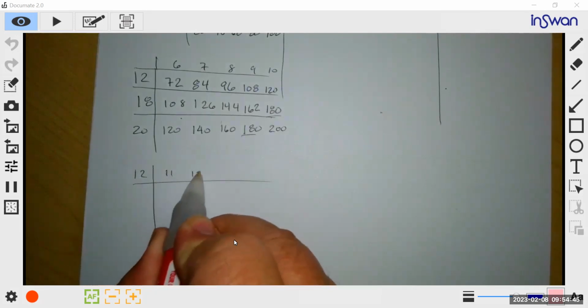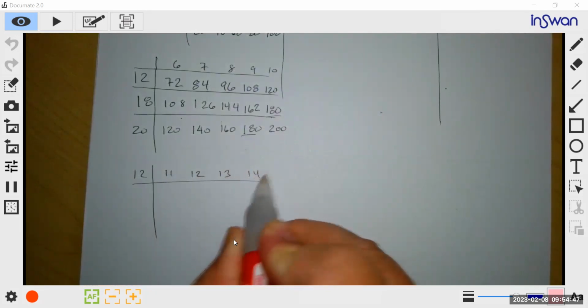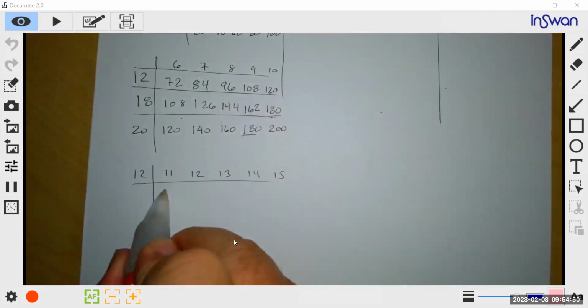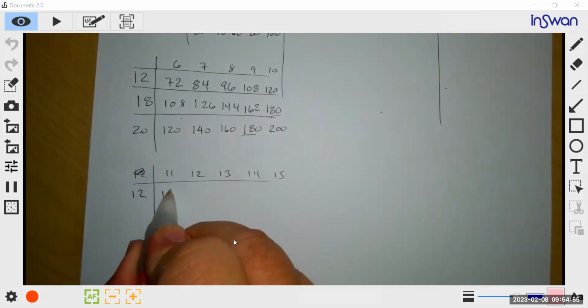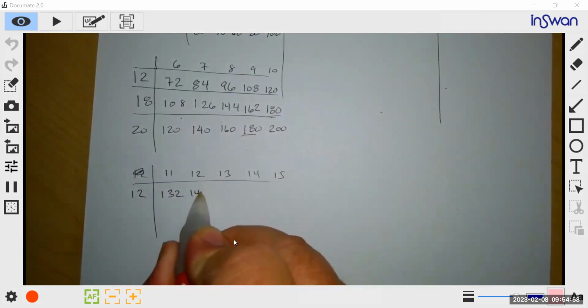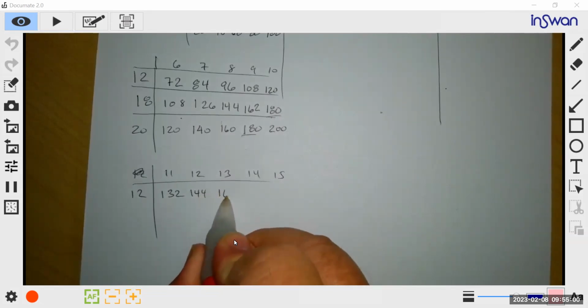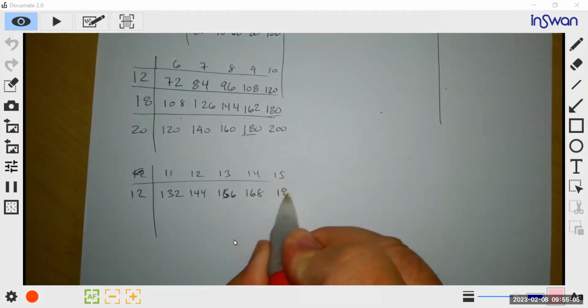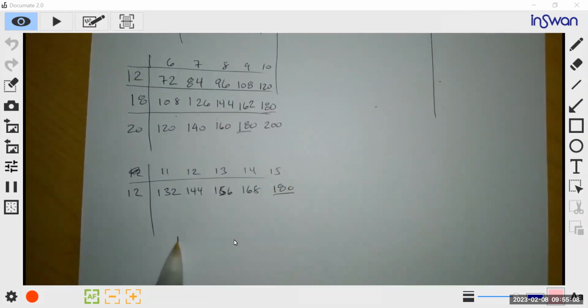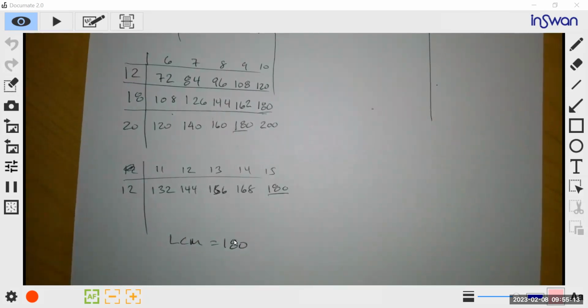We have 11, 12, 13, 14, 15. So 120 plus 12 is 132, 144, 156, 168, 180. So the LCM is 180. There's the drawback of the multiple one, because you may have to keep on going until you find something that's in common.